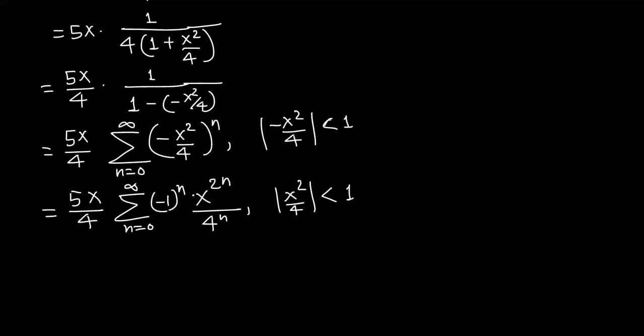Now look at x: we can take this x inside and combine it with this term. x means x raised to 1, and x raised to 2n. When we take this inside, we need to add the exponents. It's like x raised to a times x raised to b is x raised to a plus b. You combine the exponents. Look at 4: 4 raised to 1, one copy of 4, times 4 raised to n, so we can combine.